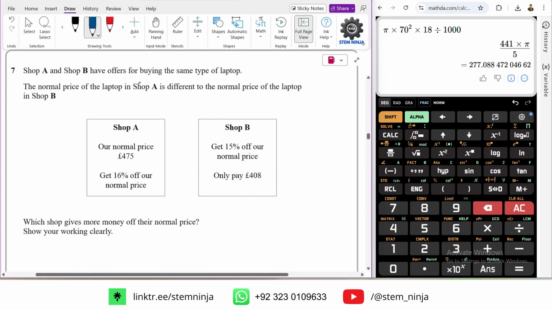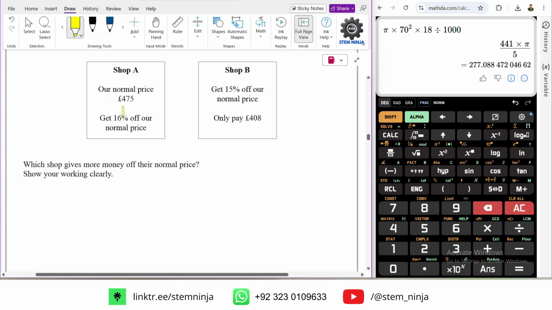Shop A and B have offers for buying the same type of laptop. The normal price of the laptop in shop A is different to the normal price of the laptop in shop B. In shop A, normal price $475, get 16% off. Shop B is already a different normal price, and they're offering 15% off.